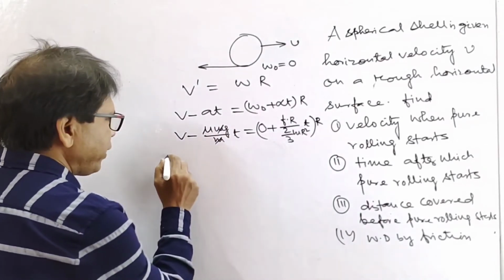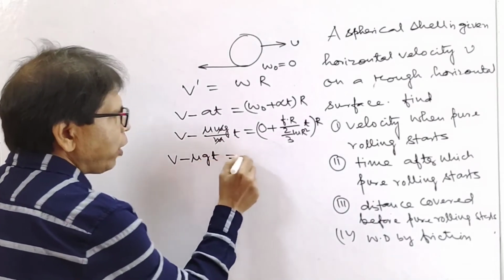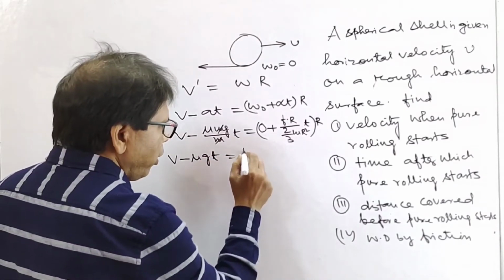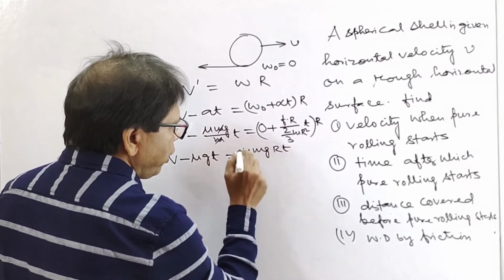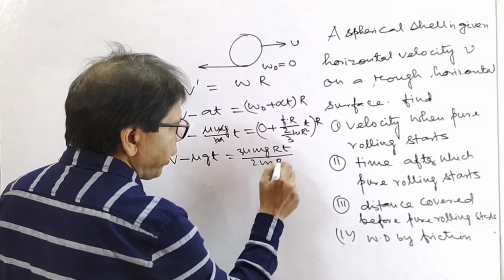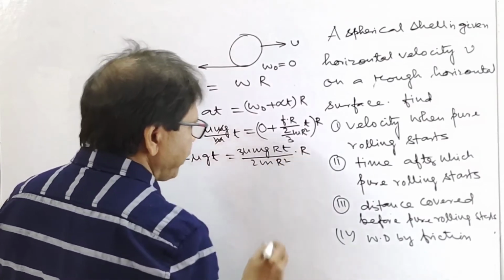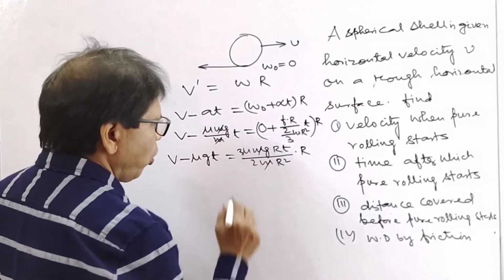Okay, so look at this, v minus μgt equals μmgr·t into 3 divided by 2mr² into r. Now look at this, r² cancels out, m cancels out.